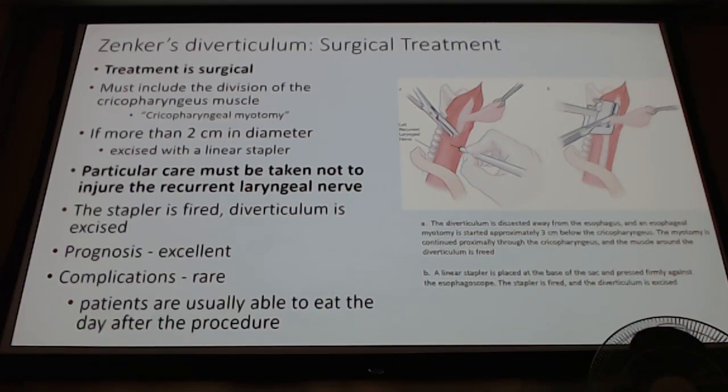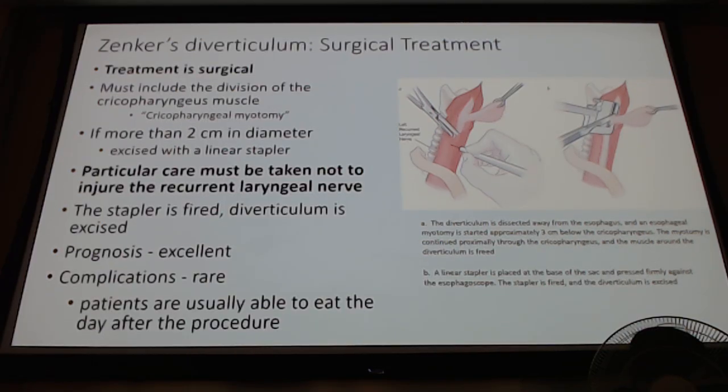And what that does is it clamps and staples at the same time. There are some that have a cutting function on it, but not the linear one. So with the linear one, you clamp it and it fires staples through it from both sides, okay?